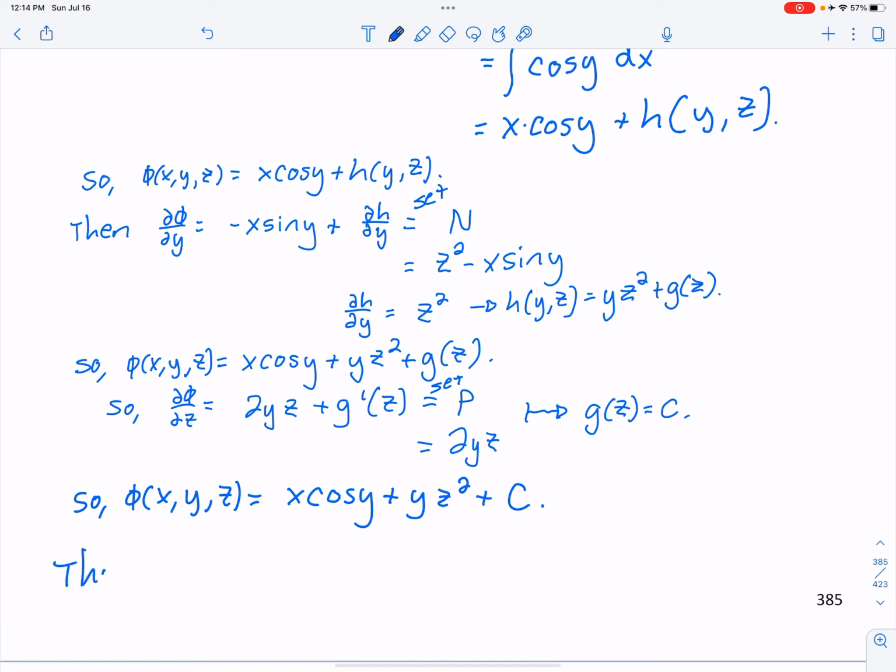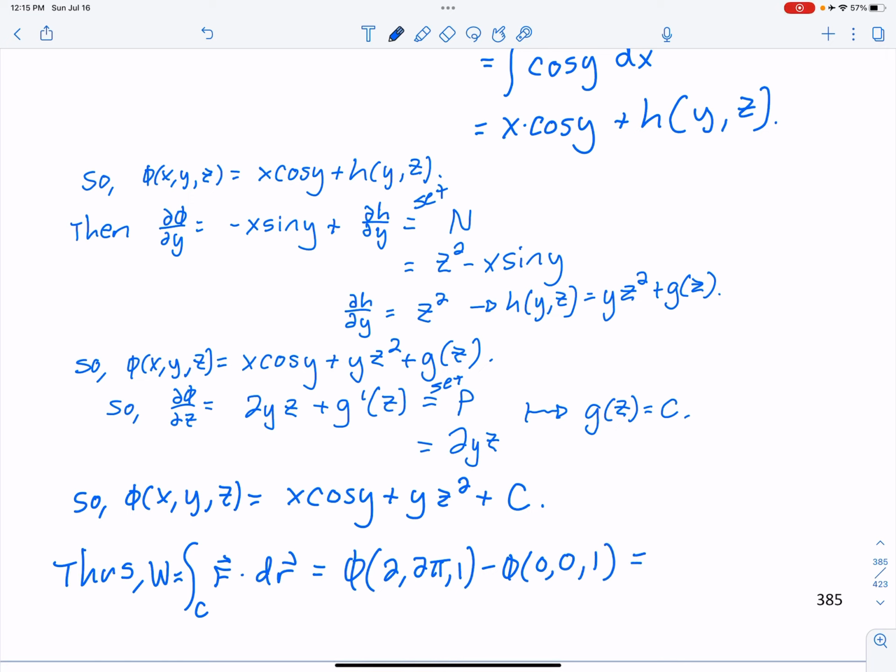So thus, our line integral of vector field F dotted with dr, which is work, is equal to phi of, and we just plug the points in. I got my notes here. I got 2 pi, 1 minus phi of 0, 0, 1. If you plug all that in, what you're going to get is 2 plus 2 pi.